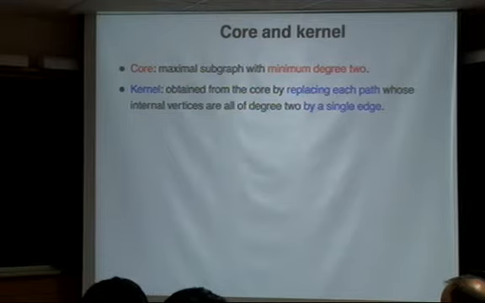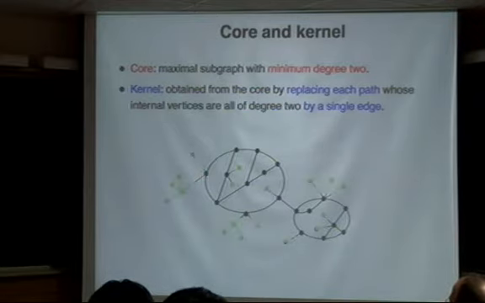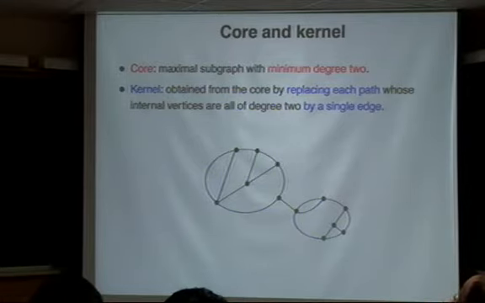In other words, given a complex graph, we delete the trees out of the graph and replace each path by an edge. By doing this, we arrive at so-called multigraphs whose minimal degree is at least 3. We call it the kernel.